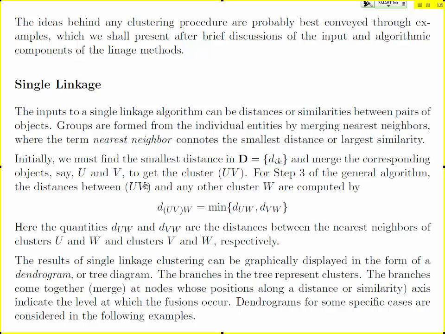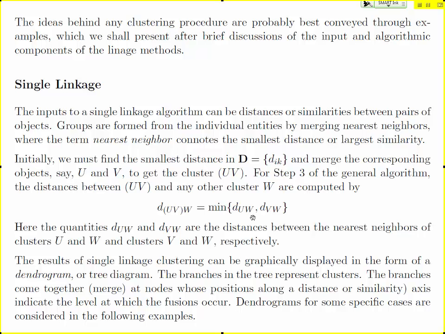The distance between UV and W is defined to be the minimum pairwise distance. So you take the distance between U and W and the distance between V and W, and the smaller one is what you call the distance between UV and W.